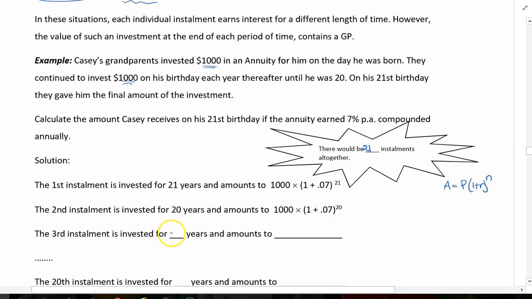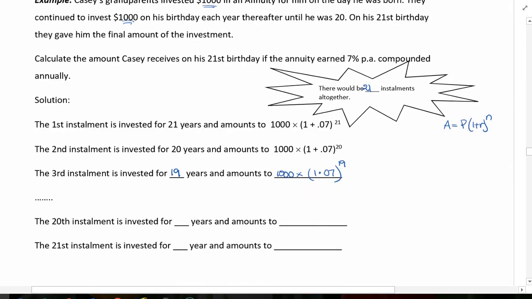Still $1,000, still the same rate, sitting there for 20 years. The third installment sits there for 19 years and amounts to 1,000 times, I'm going to write it as 1.07, you'll see that, to the 19. And so on. The 20th installment is invested for 2 years.